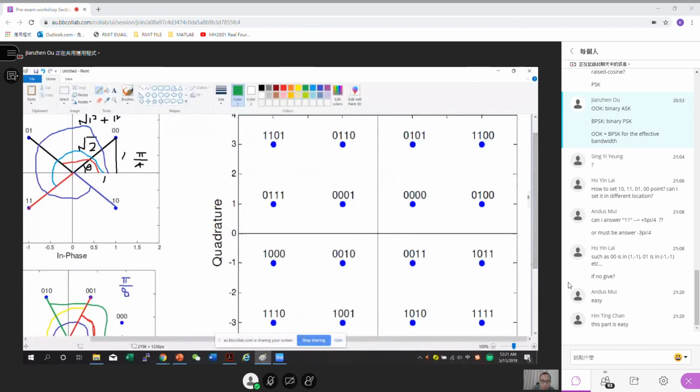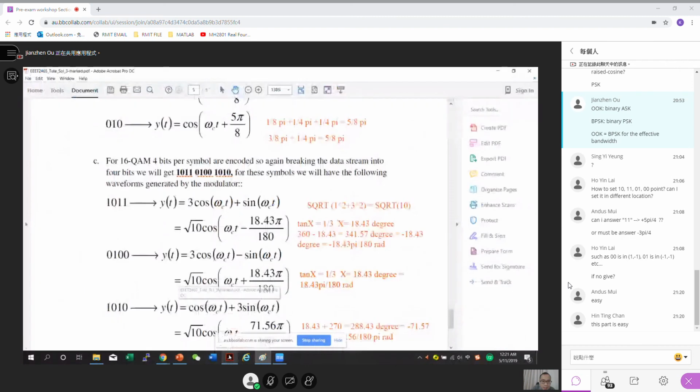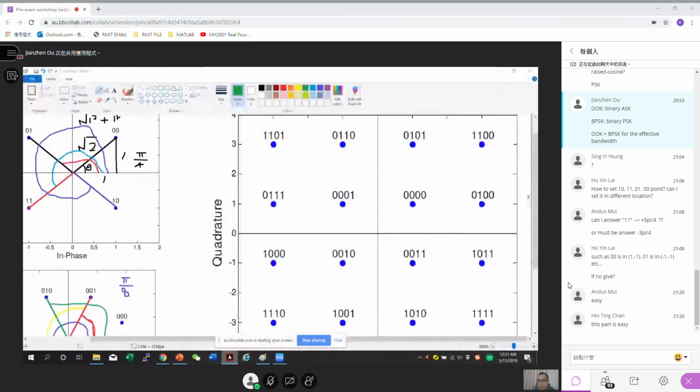Okay, so now the first one is 1011. 1011 is here.